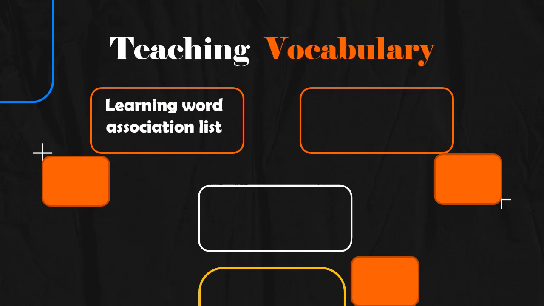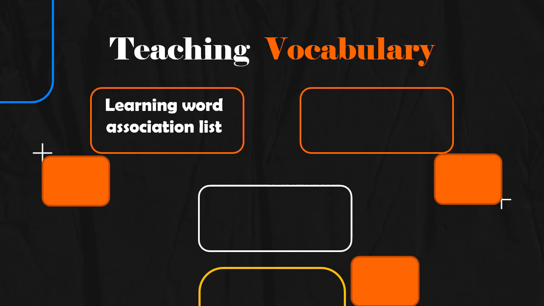There are several methods in teaching vocabulary, but I will take up three methods with their activities. The first is learning word association lists. This is used with beginning level.